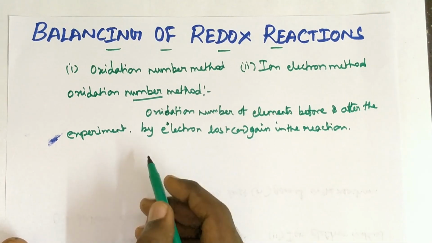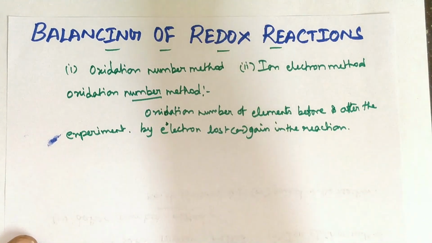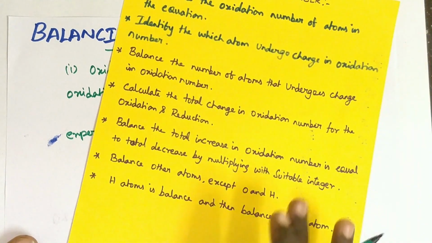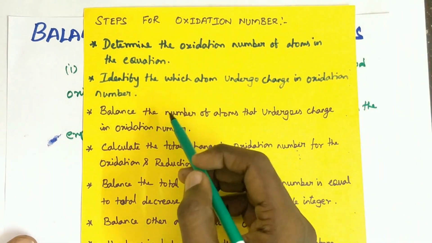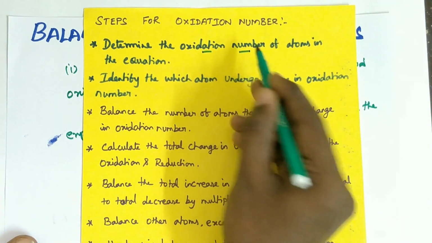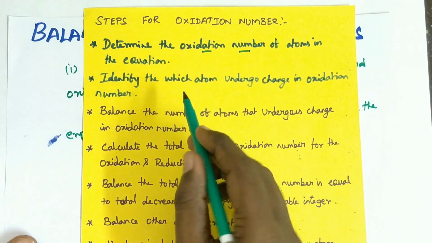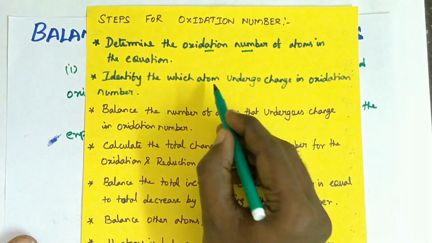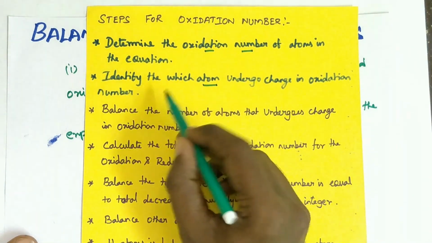So it has the following steps. The first step is to calculate the oxidation number of the atoms in the equation, and the second step is to find out which atom undergoes a change in oxidation number.